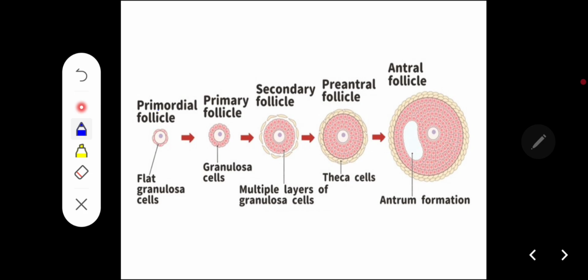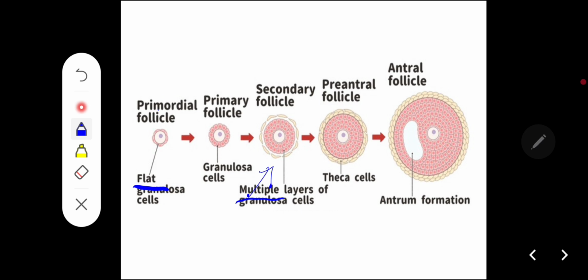Primordial follicle with a single flat layer of granulosa cells. Primary follicle, these granulosa cells become cuboidal, from squamous to cuboidal now, but it's still a single layer. In secondary follicle, it turns into multiple layers of granulosa cells, and this yellow layer is theca cells.